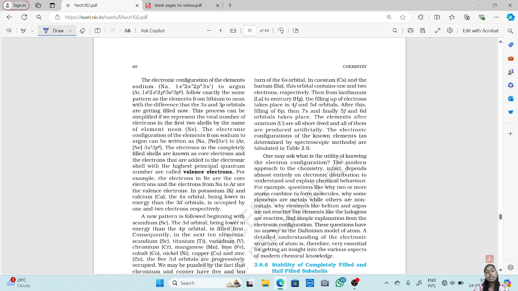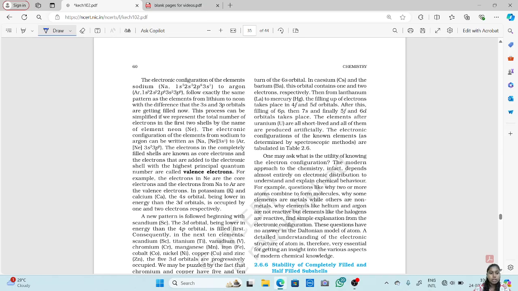As you increase the atomic number, you will be increasing the shells because the electrons will go on increasing, right? So you will keep on adding the electrons, keep on adding the shells so that you can add all those electrons. This process can be simplified if we represent the total number of electrons in the first two shells by the symbol of element neon.